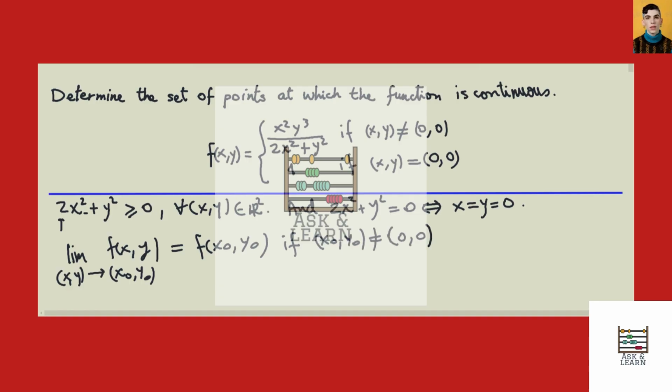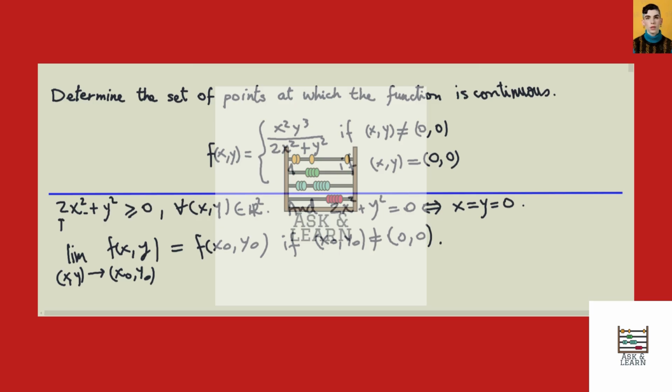That is, we are sure that the limit is equal to the value of the function because we have a well-defined function at all the points different from the origin. So we can evaluate the function at the point where (x, y) is converging.